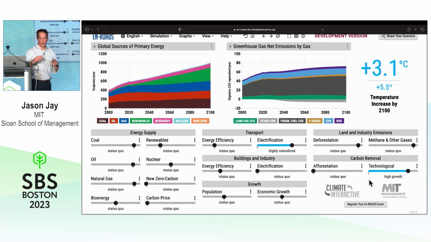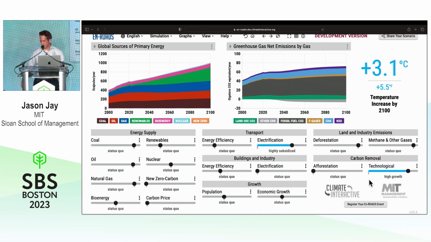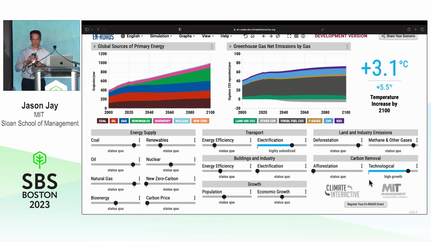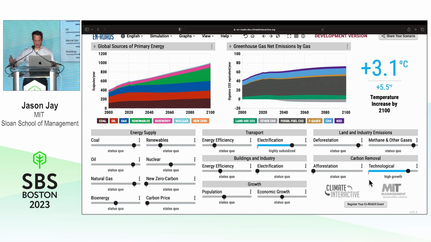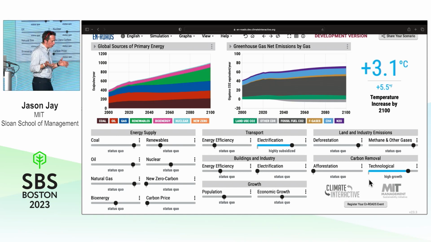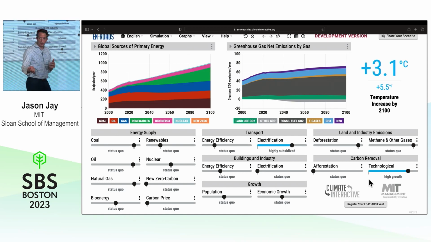A carbon price. What is a carbon price? Okay, excellent. So we just had a session about credits and markets, and this crowd is certainly thinking a lot about that. Carbon pricing actually can take a lot of different forms.